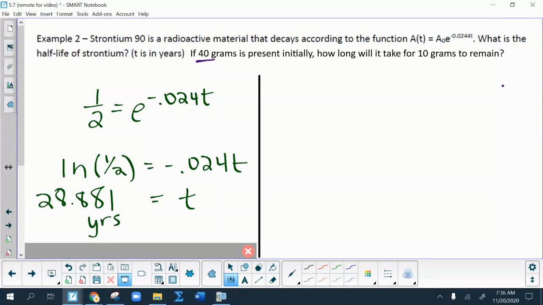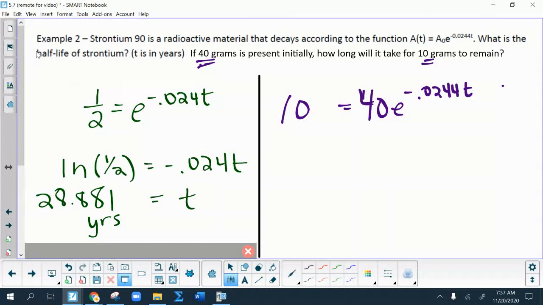Now we're being asked to find something in terms of time this time. So we're given 40 grams initially, and we're ending with 10 grams. Now we're going to solve this.